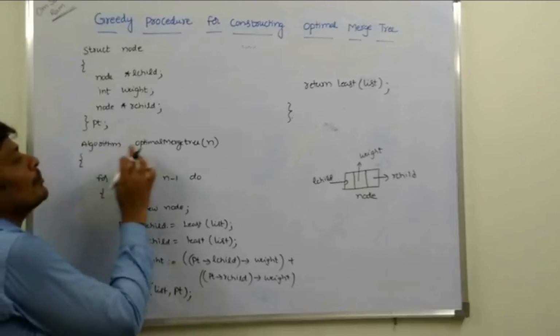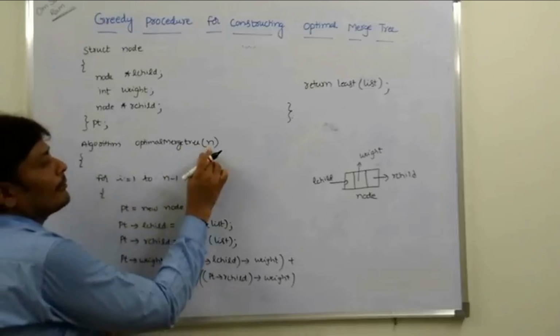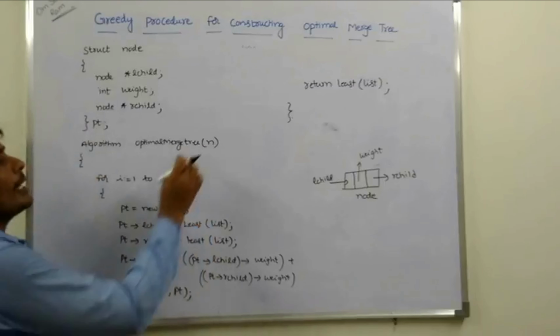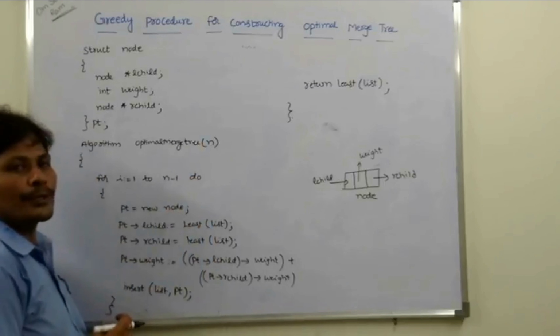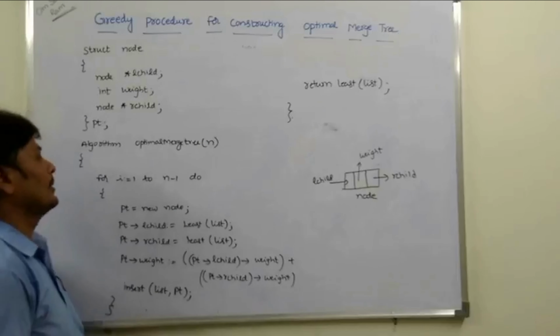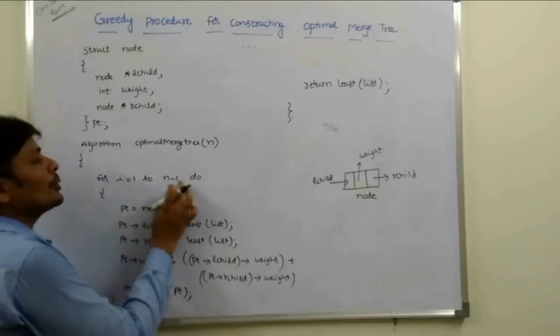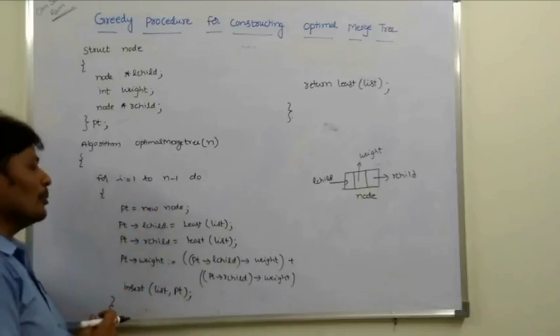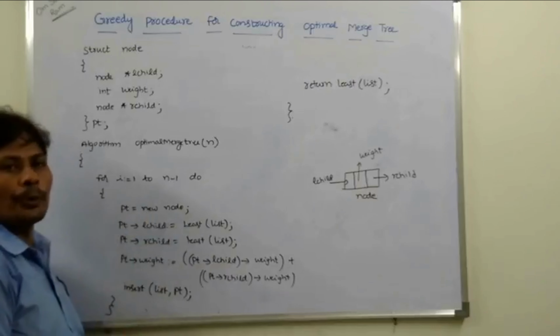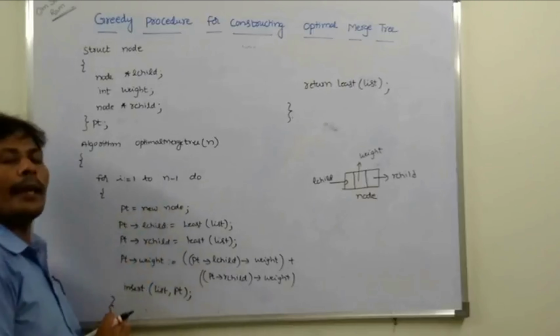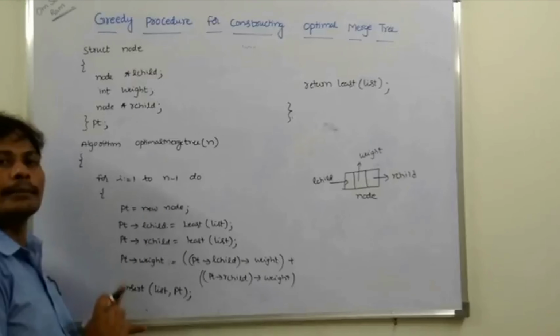Next, algorithm optimal merge tree of N. N is nothing but the number of nodes or number of files. For i is equal to 1 to n minus 1, do pt is equal to new node. So we are creating a node that contains three parts.